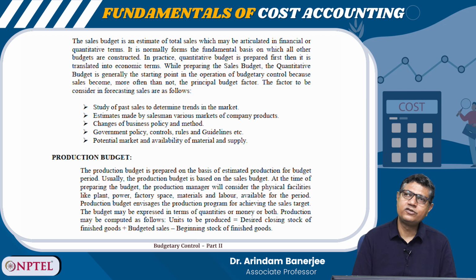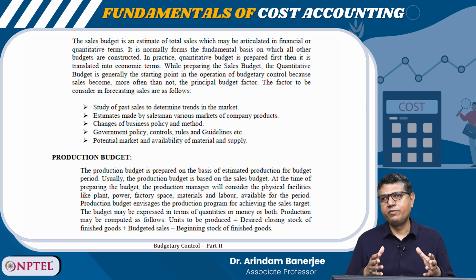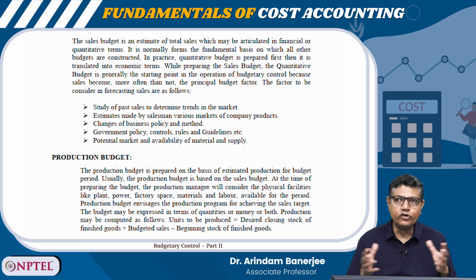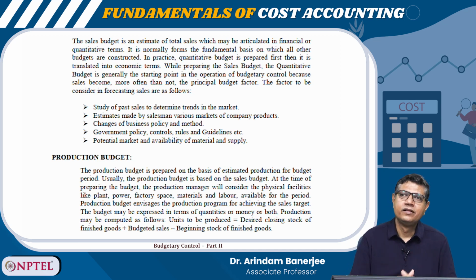Based on that, they give an estimation: okay, this much I think we will be able to sell. Then, is there any change in business policy or method, right? For example, one company may till now have been working on increasing the volume. Now they are changing the policy and they want to get into the premium segment.